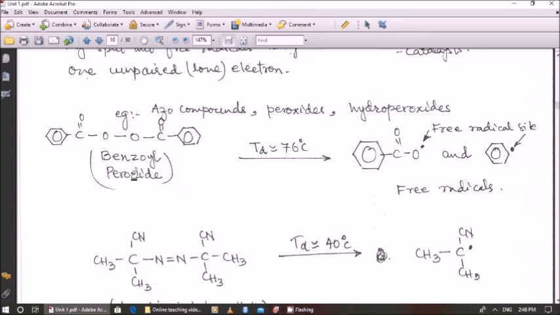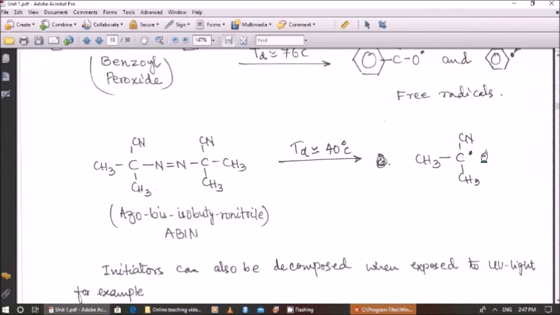A very well known initiator is benzoyl peroxide. This is its structure, and its decomposition temperature is around 76 degrees centigrade, and when it decomposes, it forms two free radicals. You can see one free radical is this, another is this. Here both free radicals are not the same, their elemental composition is different.